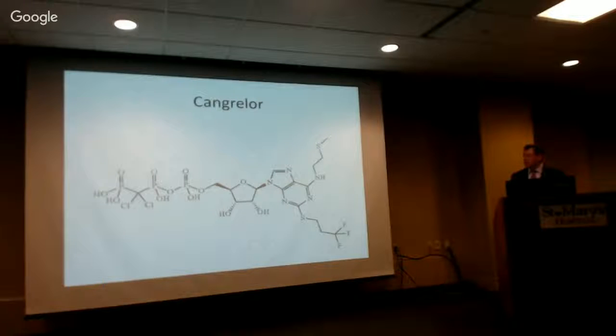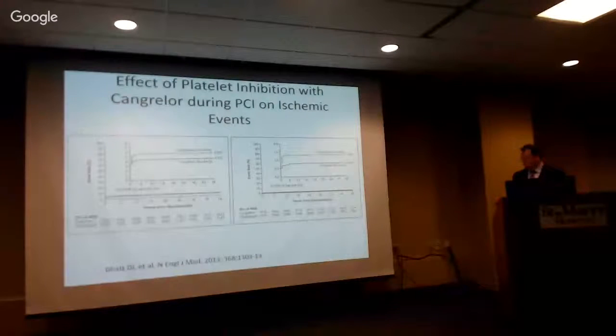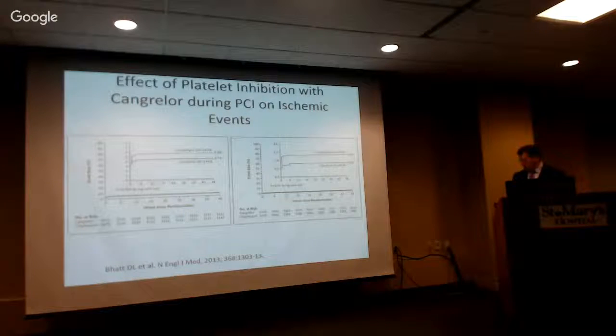So this is an IV form that can be given in the hospital in patients with acute MI or acute coronary syndromes. This was a study compared to just bolusing clopidogrel orally. And again, clopidogrel is probably not the right one to compare it to nowadays. It's probably ticagrelor, because clopidogrel, as we talked about, acts slowly.